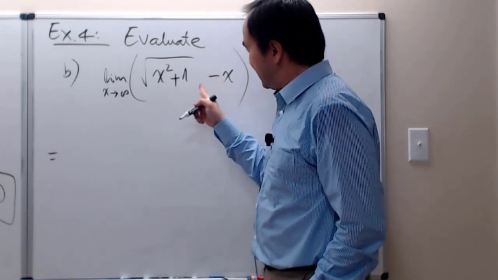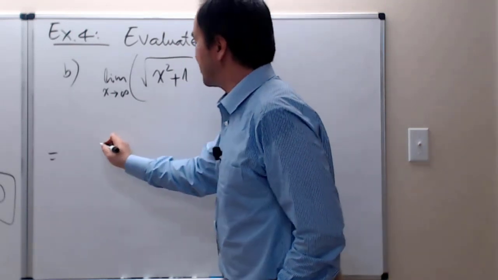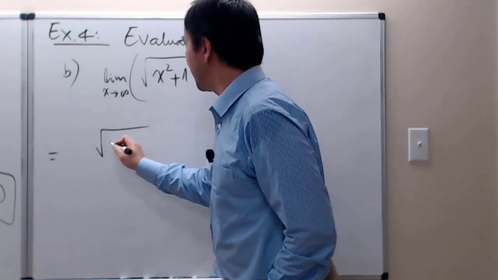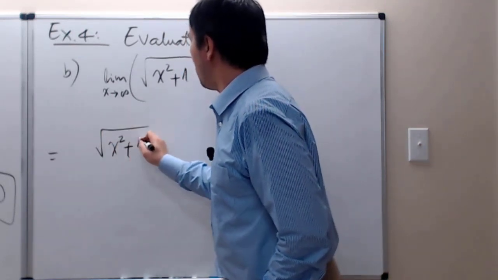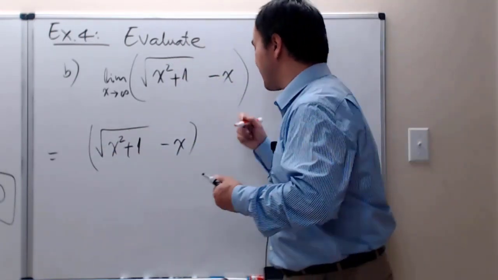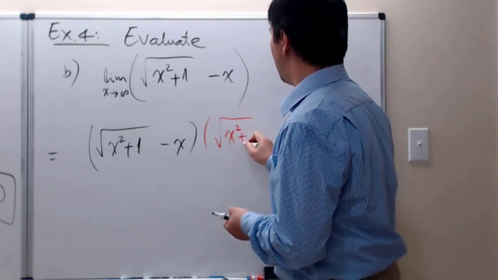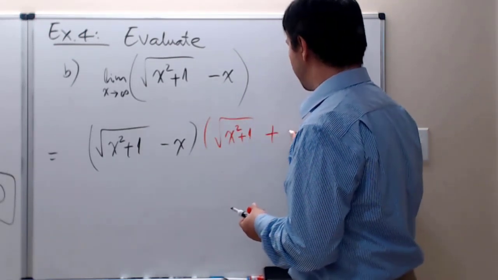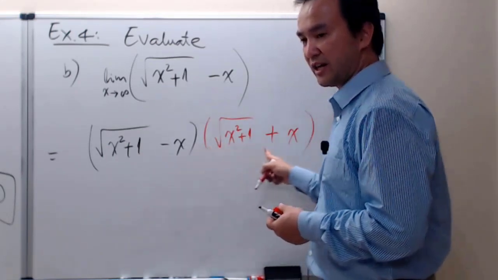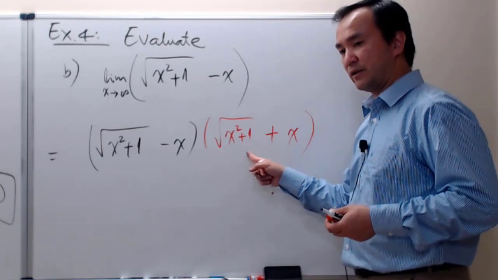There's a difference, so I am going to multiply by its conjugate. The conjugate of the square root of x squared plus 1 minus x is the square root of x squared plus 1, but plus x.